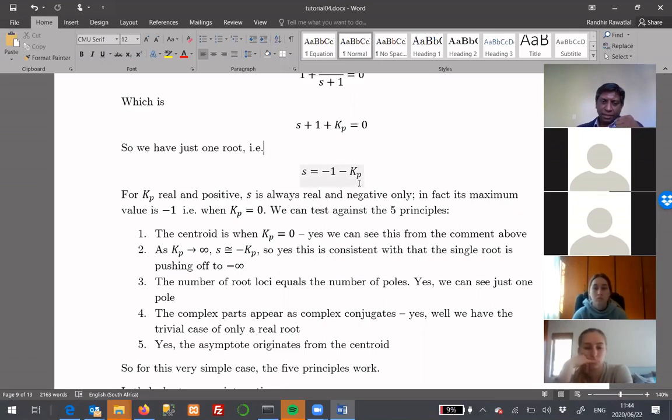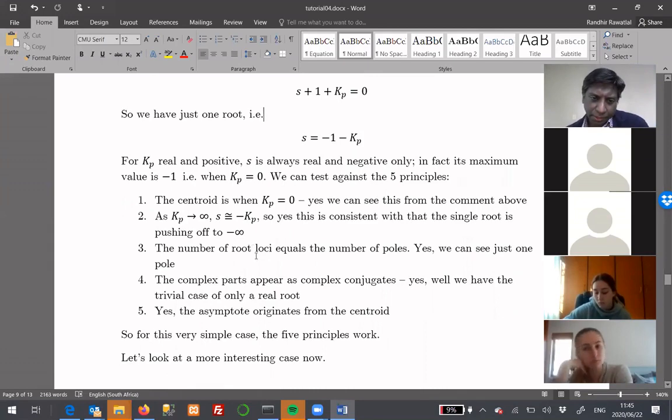In this case, when Kp goes off to infinity, we can neglect the minus 1 as being very small in comparison, and then it's just going off to minus infinity. So s is pointing in that direction. That's how you find the asymptotes. You find the starting point, and then you imagine if Kp is going to infinity, in which direction is my solution pointing?